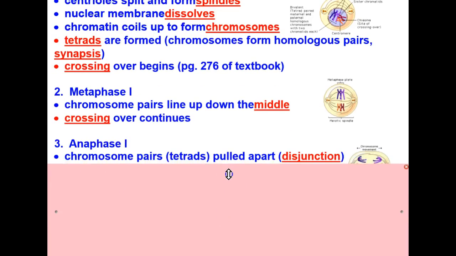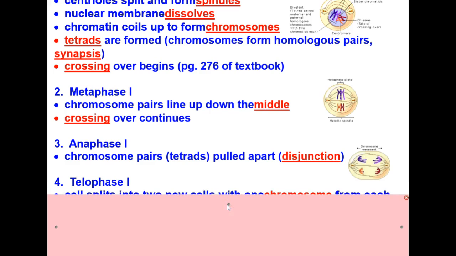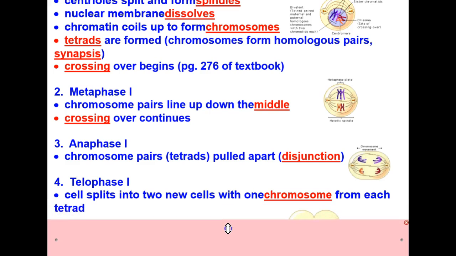Anaphase 1, the chromosome pairs, the tetrads, are pulled apart, and this is called disjunction. Telophase 1, the cell splits into two new cells with one chromosome from each tetrad.